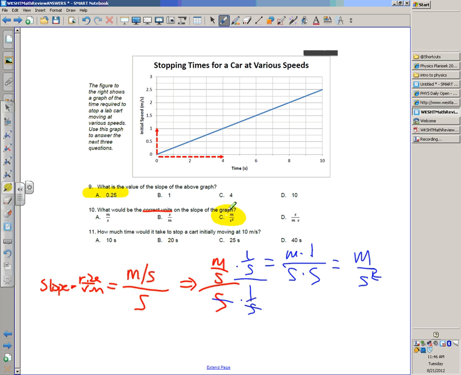For number 11, there are a couple of ways you can do this. I'm going to attack it from a mathematical standpoint. You can also attack it from a logic standpoint if you want to, but I'm going to go math. This is a straight line. Back in Algebra 1, you learned the general equation for a straight line, yes? What does the general equation for a straight line look like? y equals mx plus b, right?